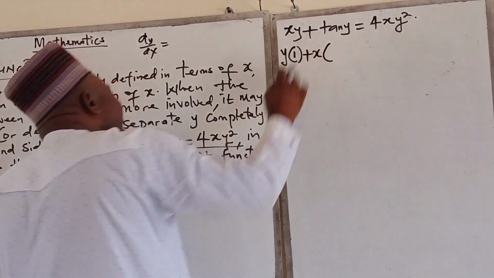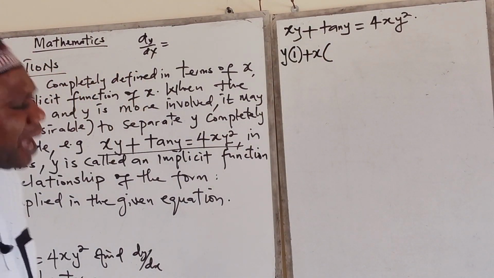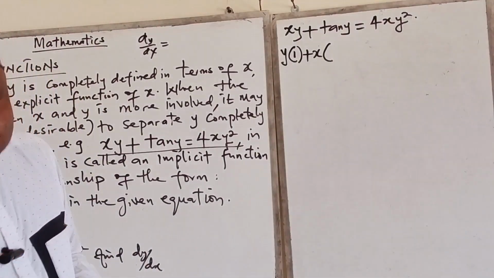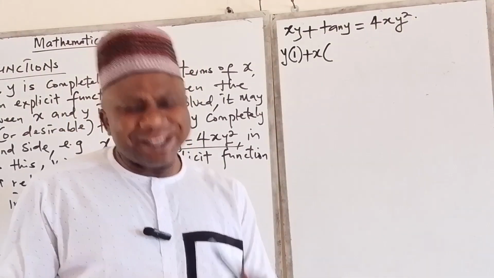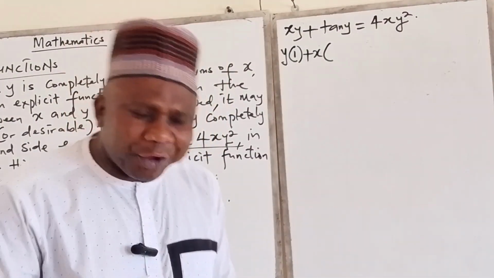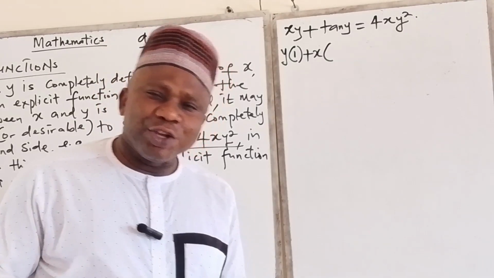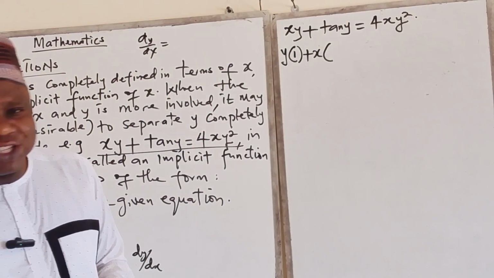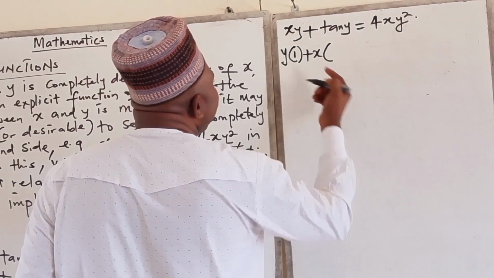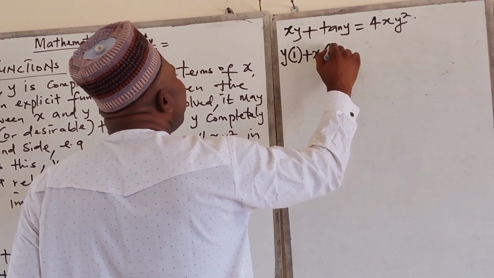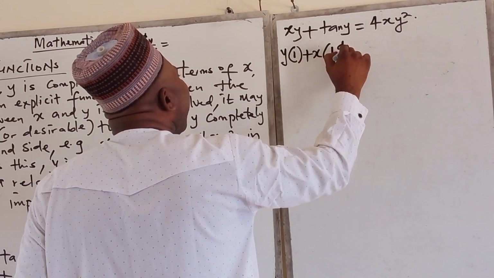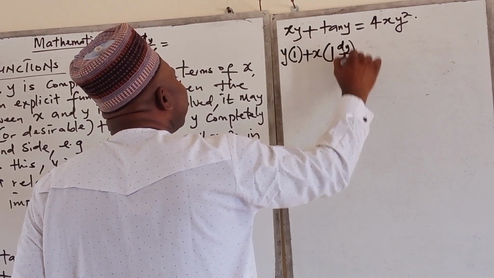You differentiate y. Because we are differentiating with respect to x, each time you differentiate y, you follow it up with dy over dx. So in this case, when you differentiate y, you have 1, then you follow it with dy over dx. Why?